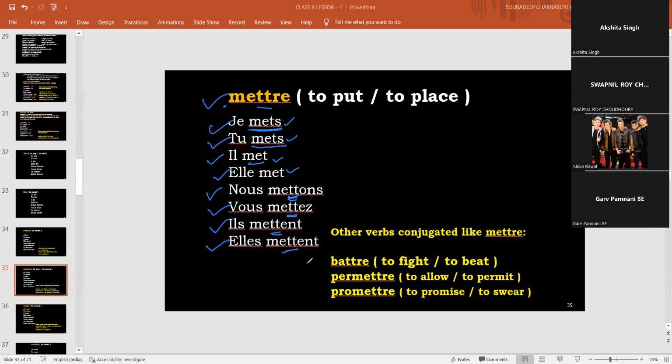Similar verbs you will conjugate in this way only. Only here there is an I. So if I write this verb, battre, to fight, what shall I write here? Je, what shall I write? Jayaneja?